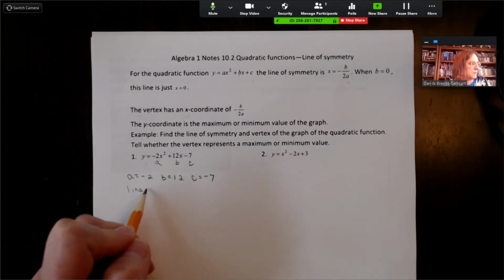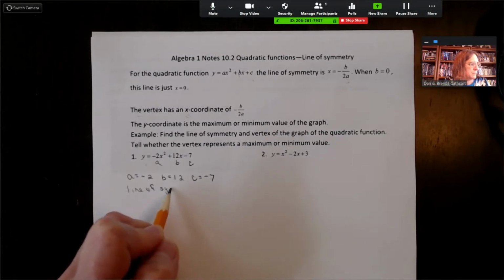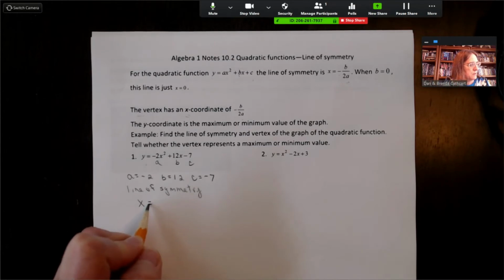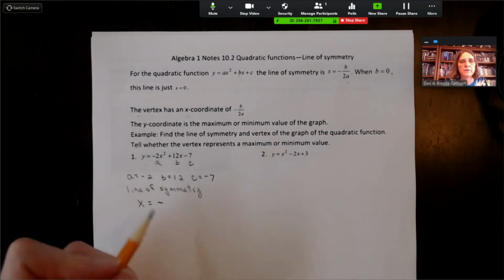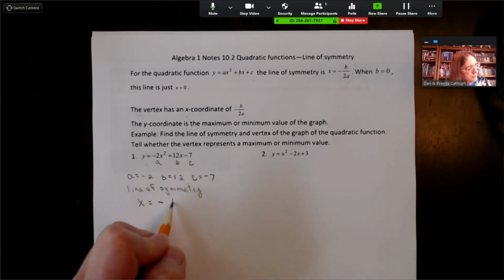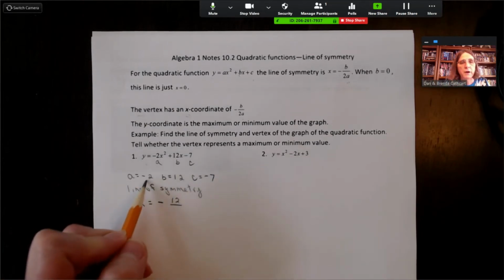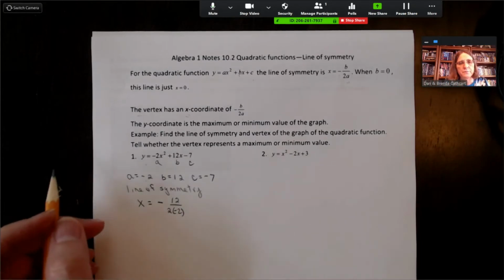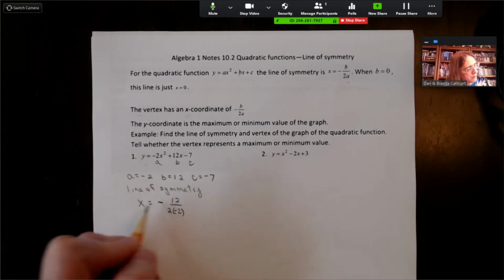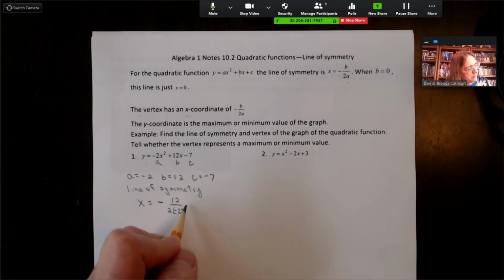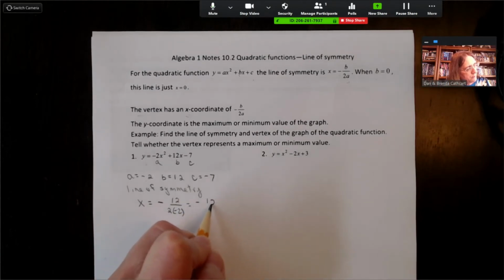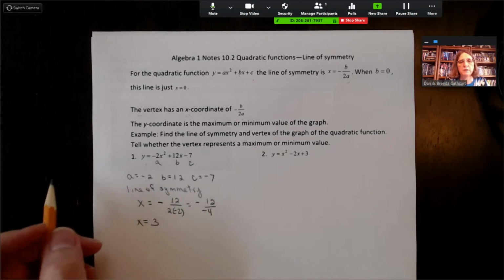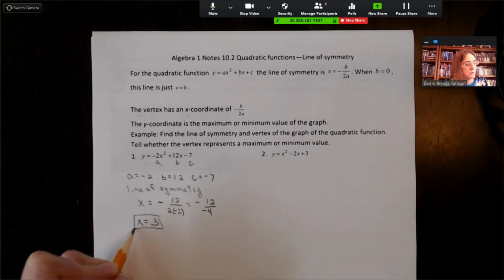So our line of symmetry is going to be x equals the negative of b, which is 12, divided by 2a, so 2 times negative 2. Or as we look at our values here, it's the negative of 12 over negative 4. Well, that ends up being positive 3. So this is our line of symmetry.